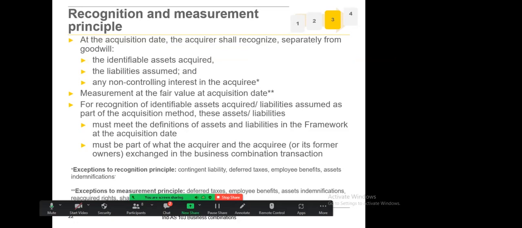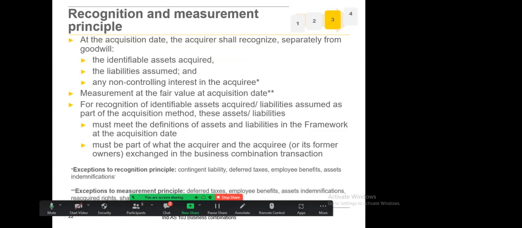So as part of your business combination, recognition and measurement, first of all you need to see what is the percentage that you have acquired. If you have acquired more than 50%, you need to do line by line consolidation, and the balance, suppose if you have acquired 80%, the balance 20% will go to NCI.